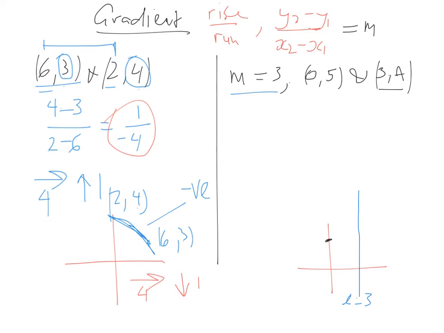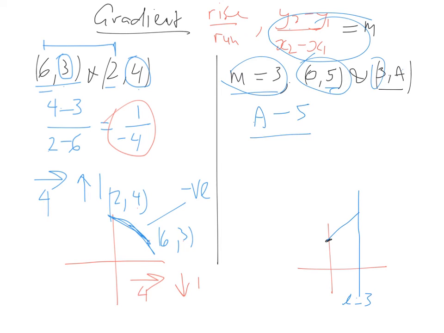So it's going to be somewhere there. Because the gradient is positive, it's going to do something like that. So it's going to be above 5. So let's have a look. So I'm going to substitute this into the formula. I'll substitute that as well. So y2, we don't know what it is, so we'll say a minus y1, which is 5, over 3 minus 0, that equals 3.